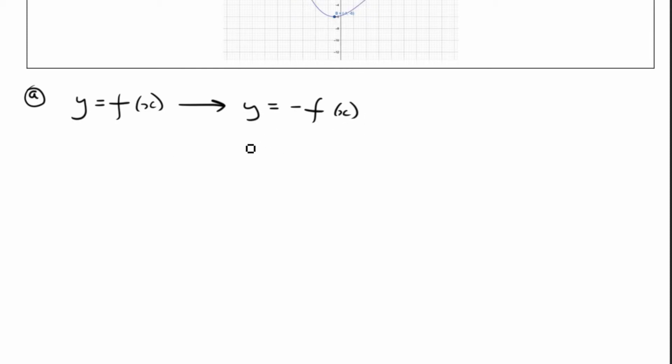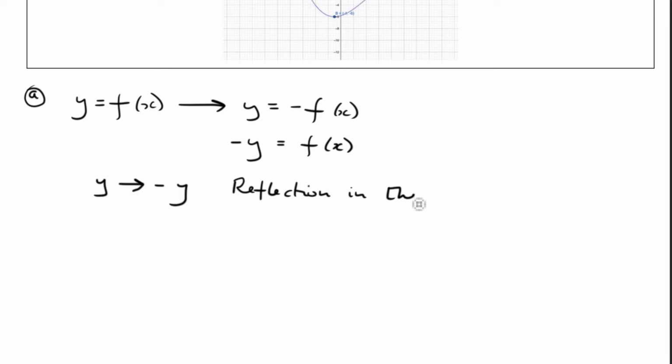And it would be better for us to write this second equation as negative y is f of x, which we can do by multiplying through by minus 1. So we can see that the change that has been made is that y has been replaced with negative y, which our rules tell us should be a reflection in the x-axis.